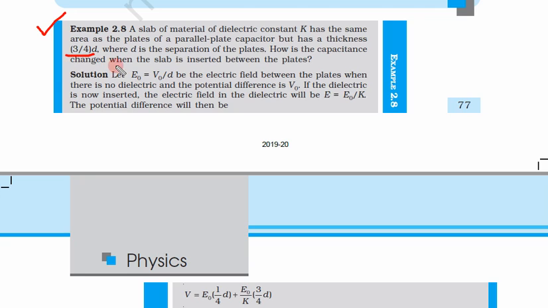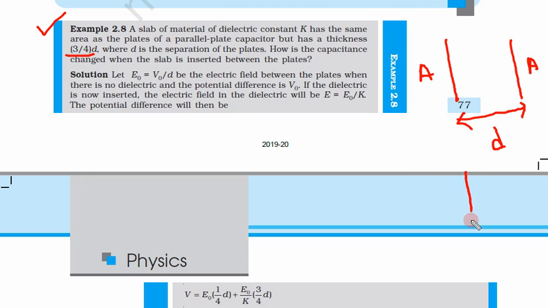How is the capacitance changed when the slab is inserted between the plates? So we have a capacitor. The area of its plates is A, and the distance between them is d.